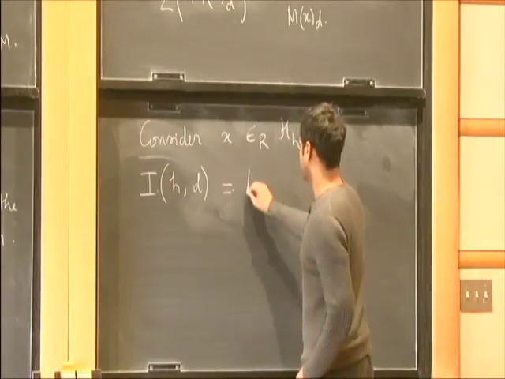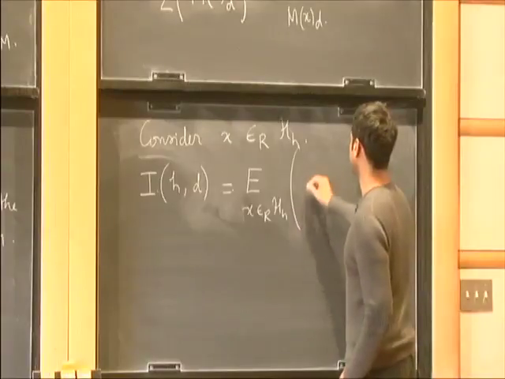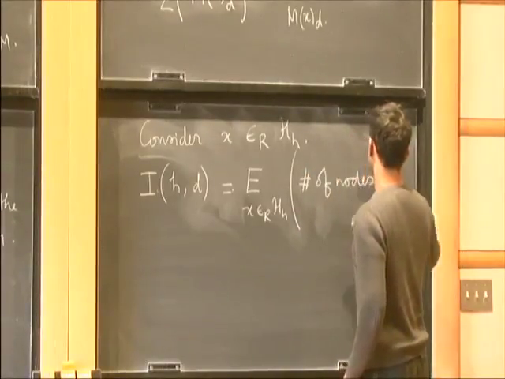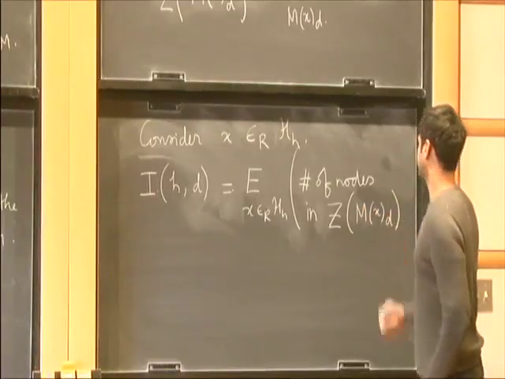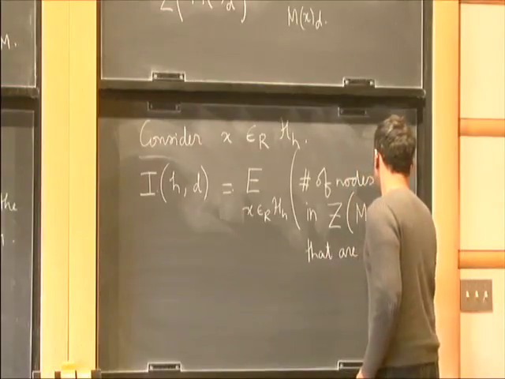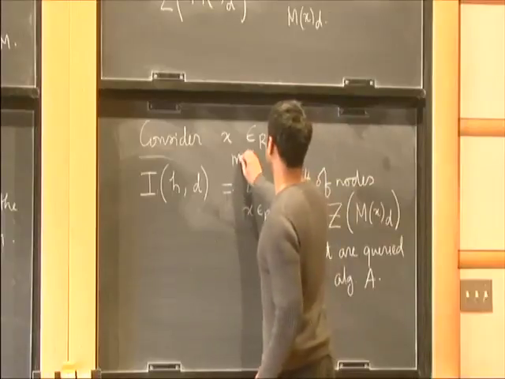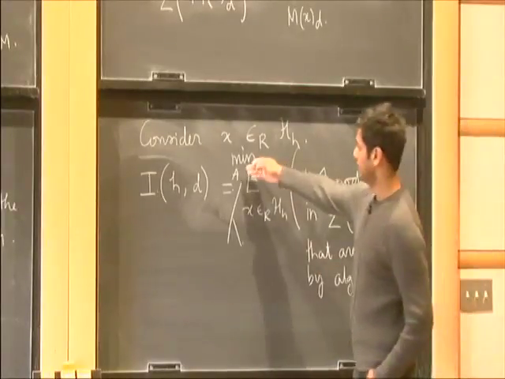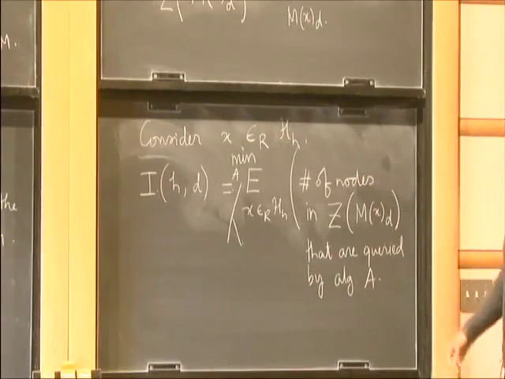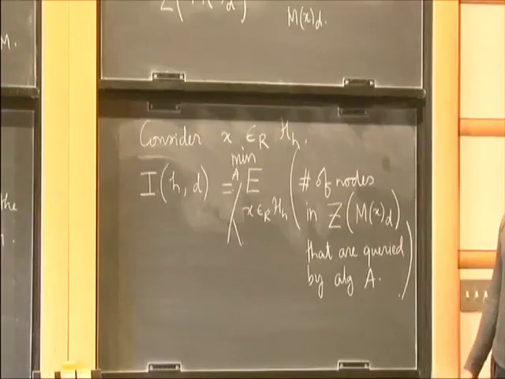This is the expectation over the hard distribution, so we've picked an instance from this distribution, of the number of nodes in Z of m of x sub d that are queried by an algorithm, let's say A, and we are actually going to minimize over all such algorithms A. So we're going to look at the best algorithm with error delta, best as in the one with the least expected query complexity, and we're going to look at the nodes under this one that are queried. Okay.